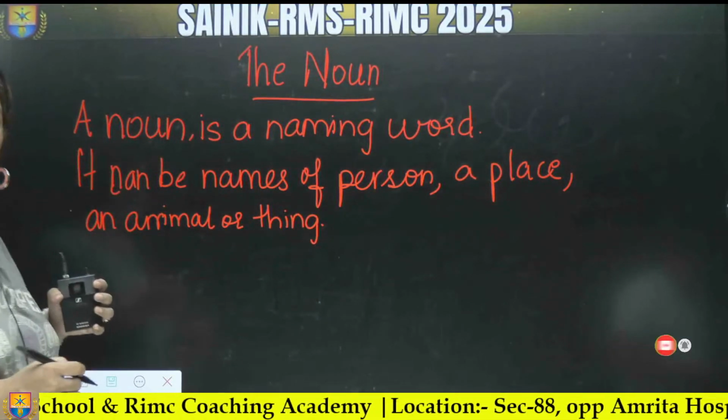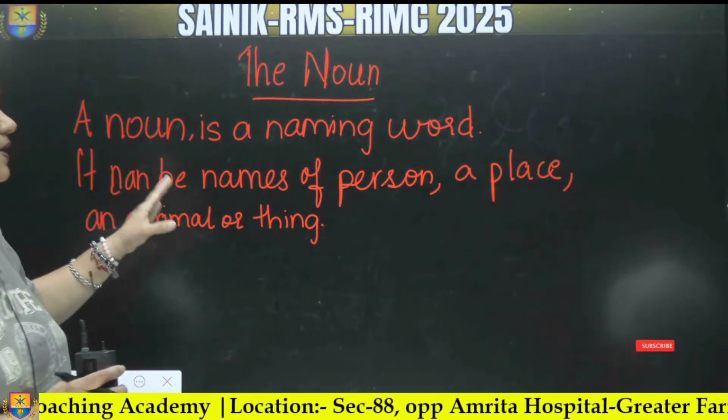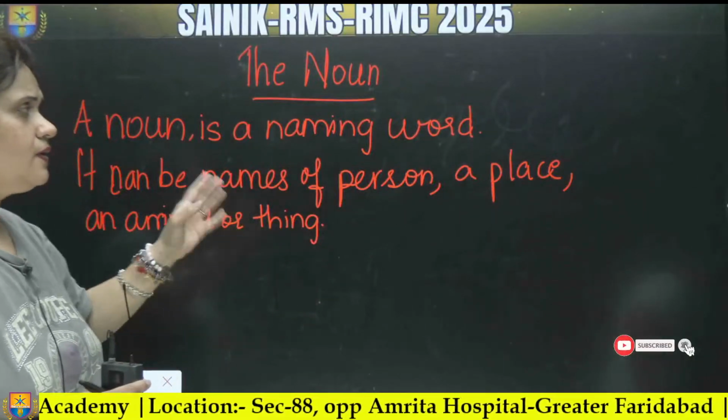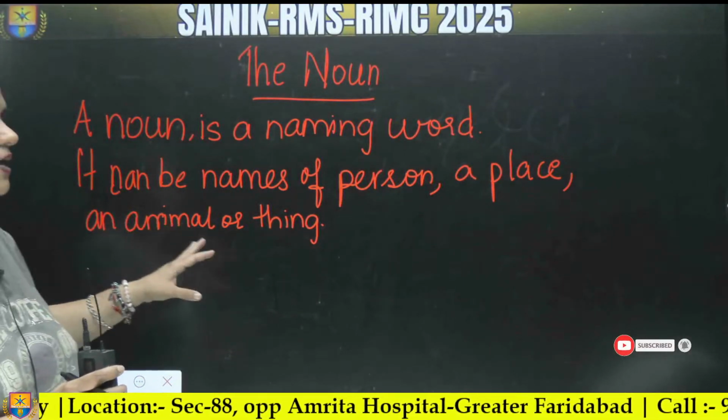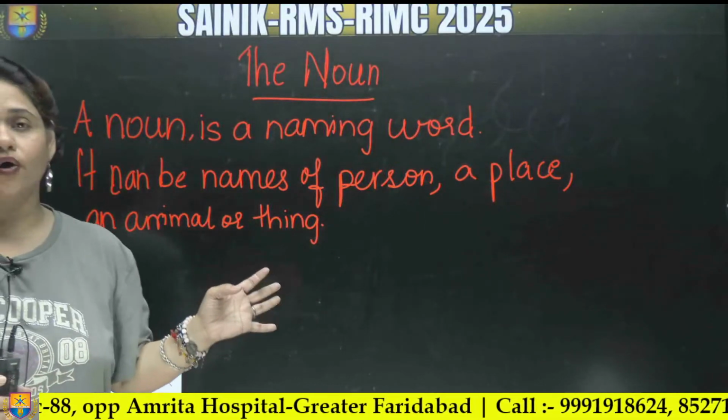So this is a short definition for the noun. A noun is a naming word. In the naming word, it can be names of person, place, animal, or thing.